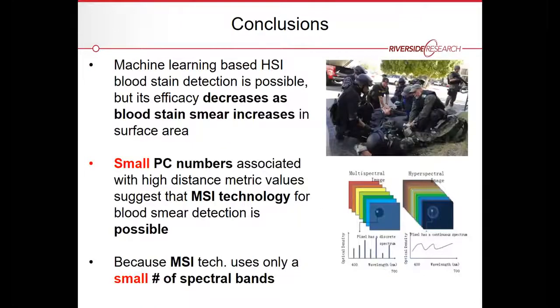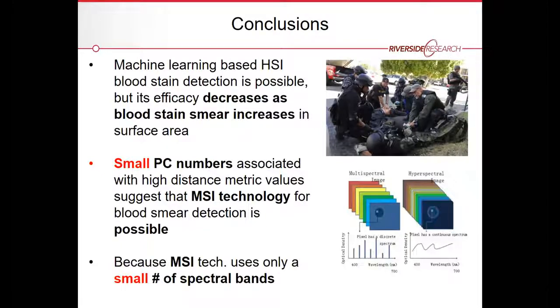So the conclusions are that machine learning-based HSI is possible but its efficacy decreases as blood stain smear increases in surface area. Small PC numbers associated with high distance metric values suggest that MSI technology for blood smear detection is possible.